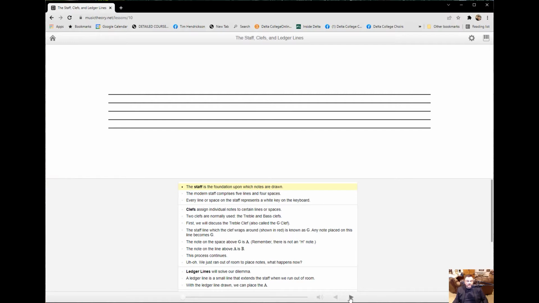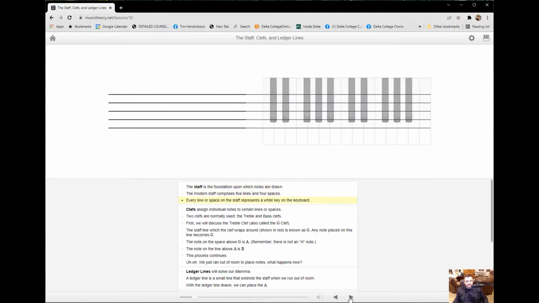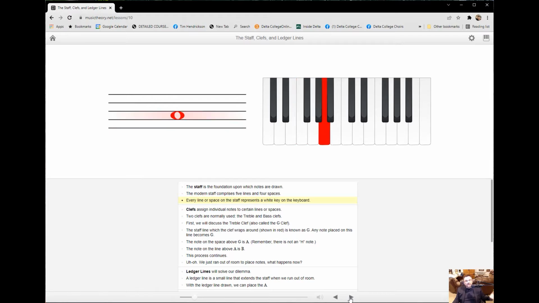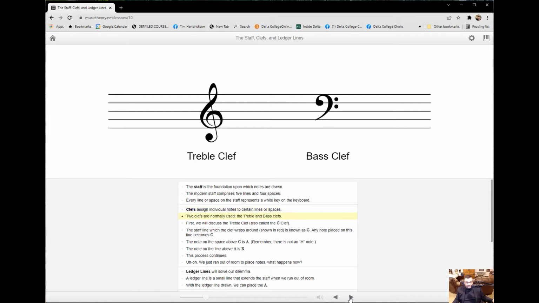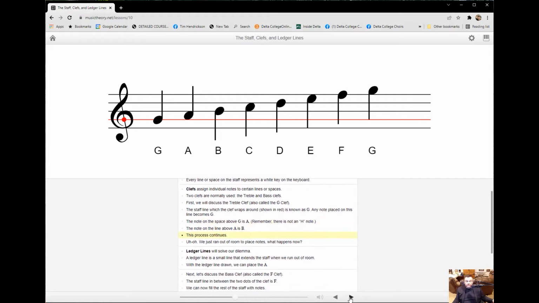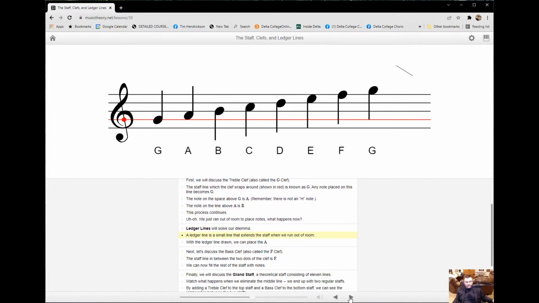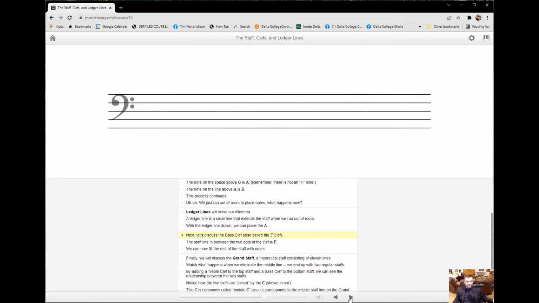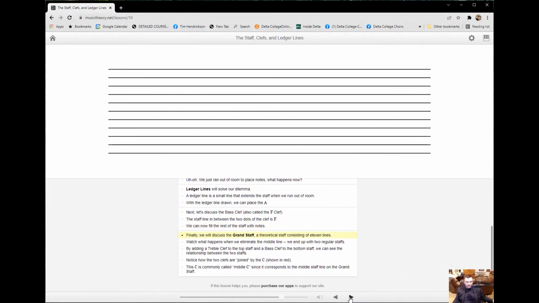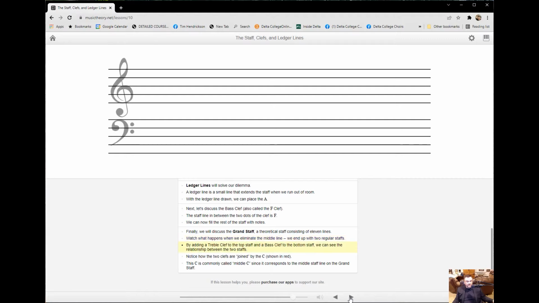You just keep clicking on this play button here, and it's going to go through the entire gamut of what the staff lines are for, clefs, what they are, what they look like, the notes to the clefs, and then it's going to give a little discussion on ledger lines in both cases. So I ask you to look at this, to give yourself some review with respect to putting notes on the staff, naming notes on the staff. This is a great tool to help you do that.